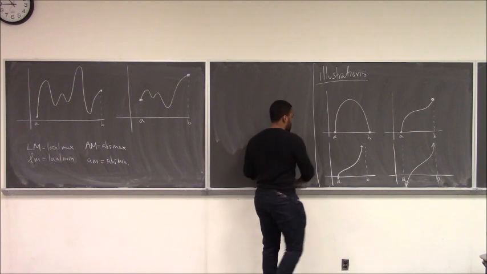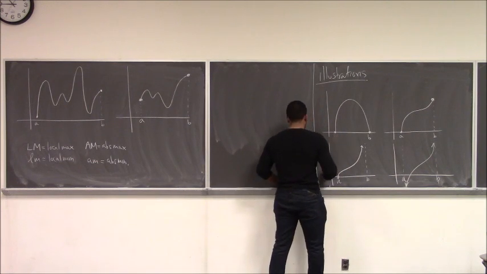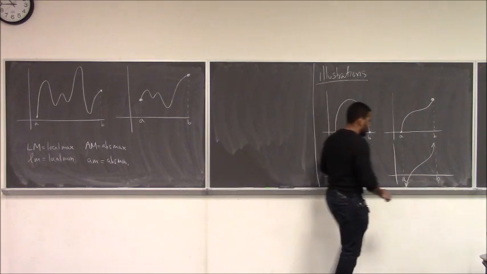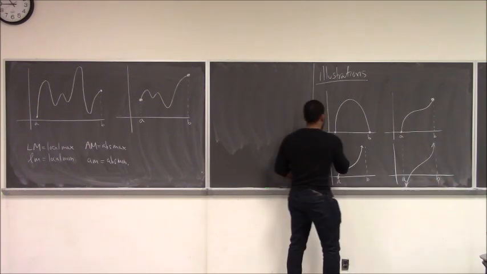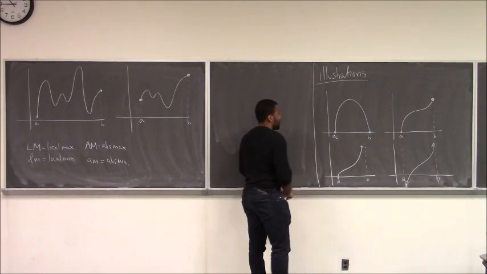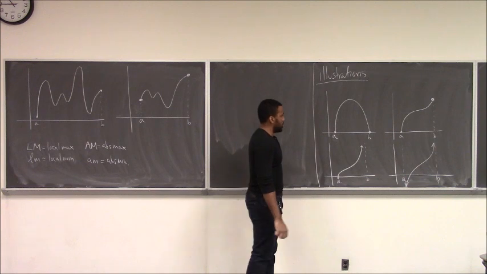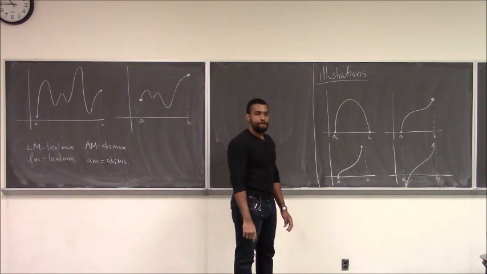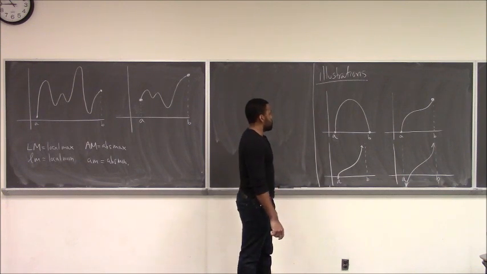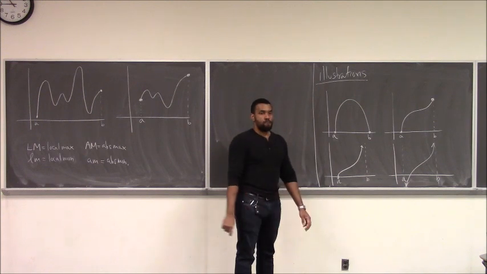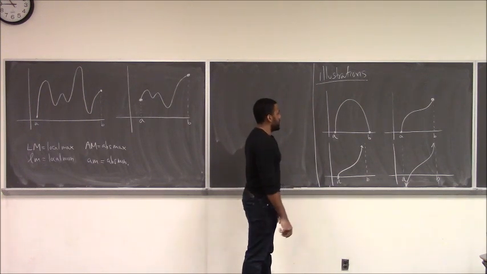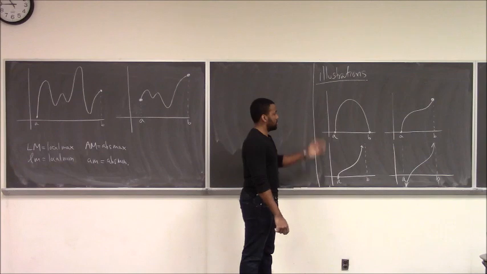Okay, tell me about the absolute and local maximums and minimums here. Where would you say they exist? Are there any absolute minimums on this picture?